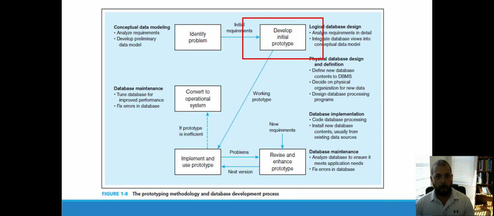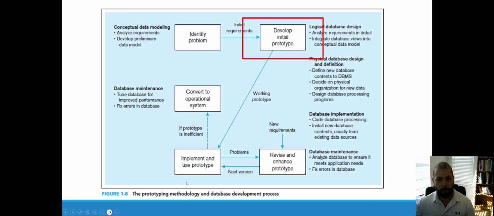In phase two, you now take those initial requirements and develop an initial prototype. This is where you're going to actually develop your ER diagram, create that logical database design and your physical database requirements for the definitions. And then from that ER diagram, you may develop an initial prototype, which allows us to go on into implementing this initial prototype.